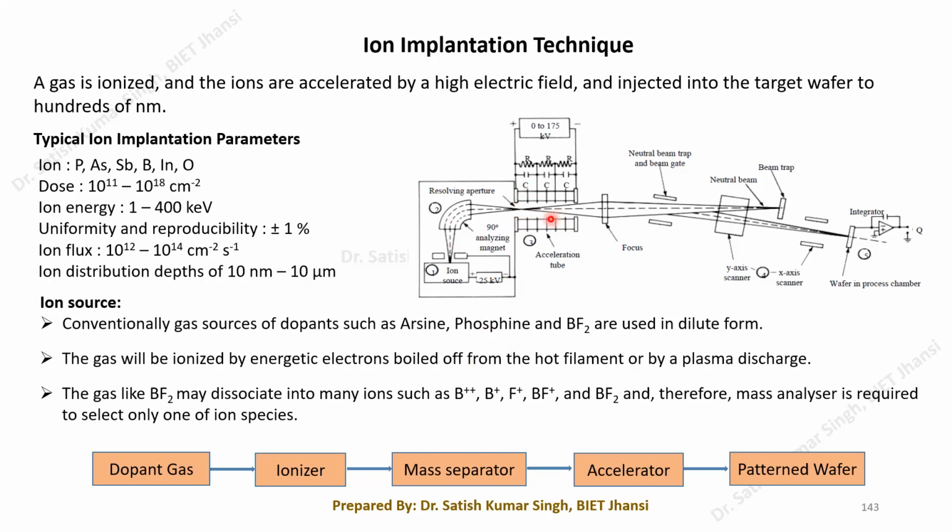Okay, once the selected beam is accelerated further, there will be a mechanism that will focus or keep these ions in a linear path. As we know, when there are a large number of B plus ions, because they have the same charge, they will try to repel each other, and there will be a spread while traveling.